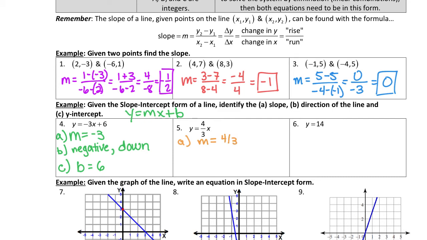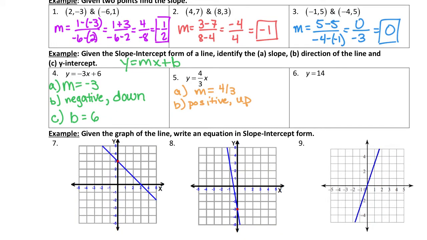Next, since it's positive, we would say step B, the direction is positive, or it's going to look like it's going upwards. So if we take a look at the example below, we can see that this line is a positive slope, since from left to right, this line looks like it's going upwards.